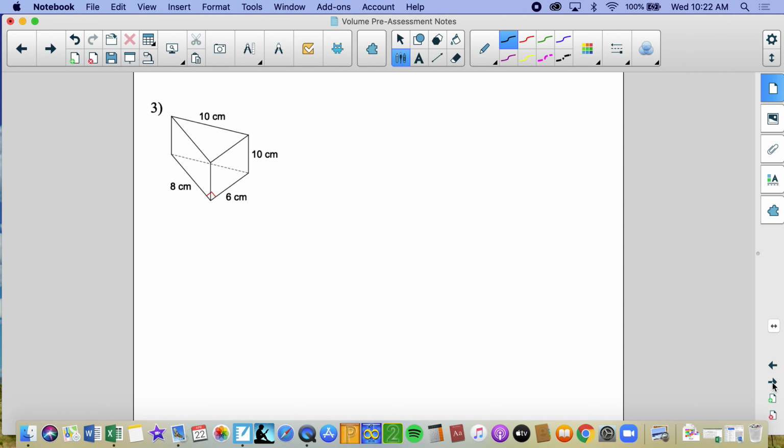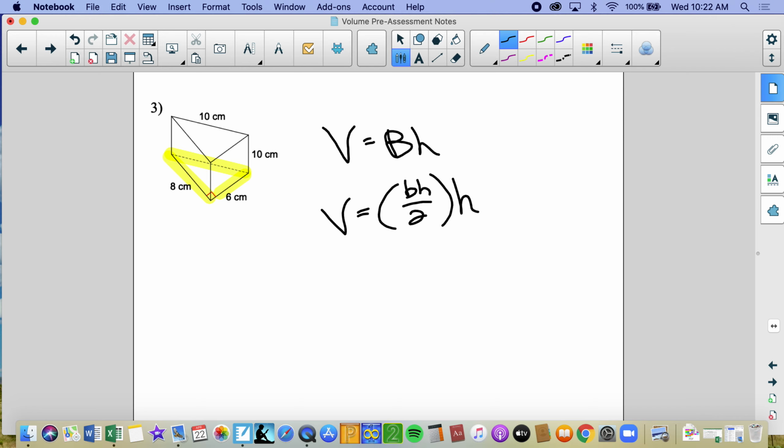Now we move on to, it's still two bases, but we're going to look at that base shape. That base shape this time is a triangle. So we're still using volume equals big B times H. The area of a triangle is base times height divided by 2, and then times the height of the object.